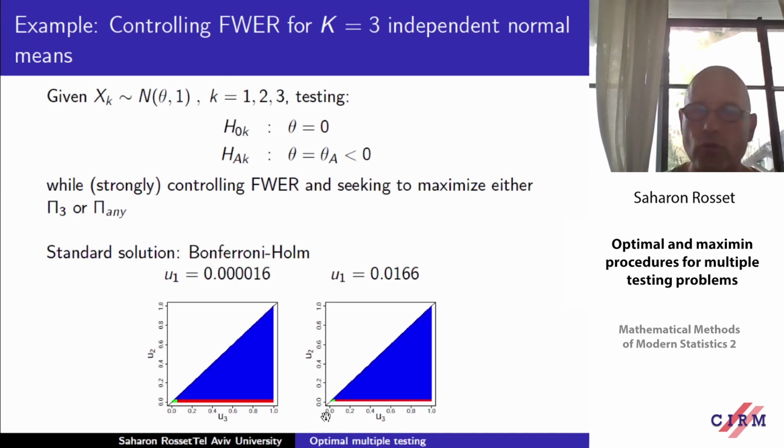Since I have three hypotheses, I have to explain how I show the resulting rejection regions. So now I have not two, but three hypotheses. What I'm showing here are slices of the three-dimensional 0, 1 cube. My slices are limited to U1 is smaller than U2 is smaller than U3.